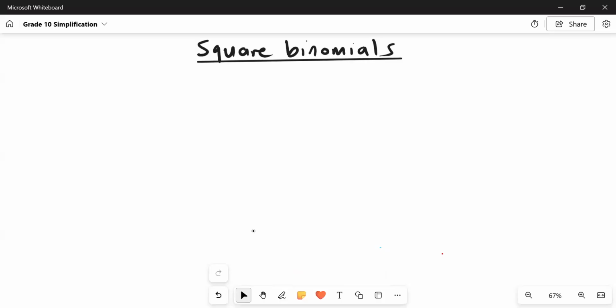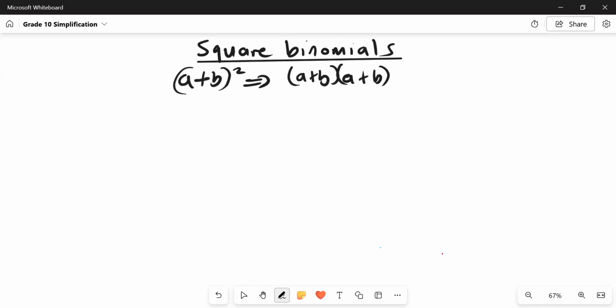So they will give you something like this. A plus B all squared. So the idea behind is to open two brackets because of the exponent there. So it's bracket number 1 and bracket number 2.